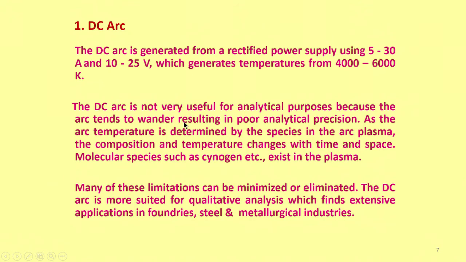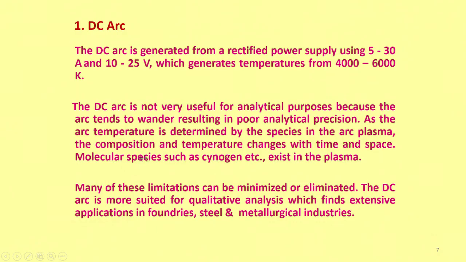Unfortunately, DC arc is not very useful because the arc is very strong and it tends to wander as the electrodes eat away each other. They melt and eat away each other. The arc quality also suffers. As they melt away and fall down, the distance between the two will keep on increasing, and the quality of the arc will come down. Because if the electrodes remain at the same point, then the arc will be steady.